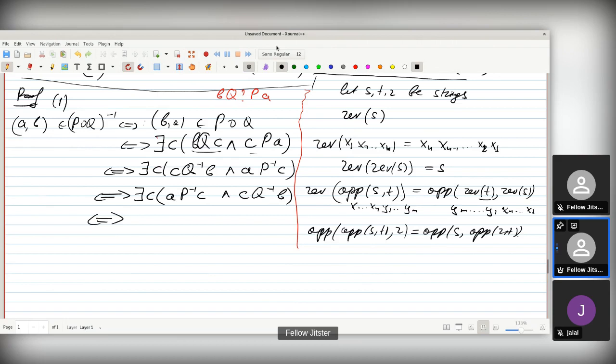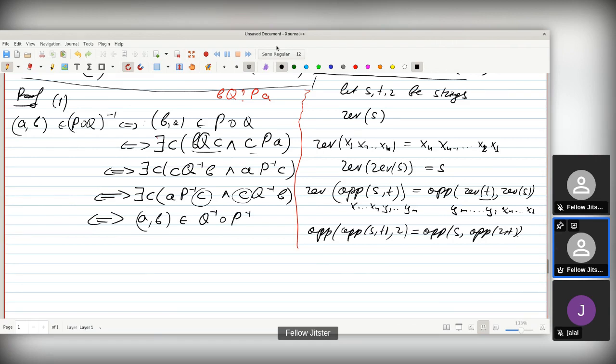That means that there is a path from A to B, with an intermediate point at C. So that means that AB belongs to this composition.